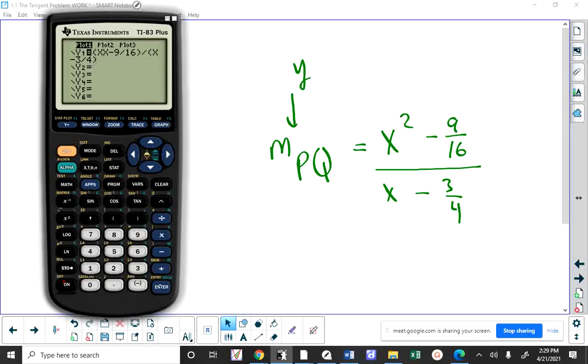And what that means is I can set up my table, second window, and change it to ask for the independent, which is x, go to my table, and I can enter 3 and 2.5 and 2. And I can calculate the slope very quickly and without risk of error.